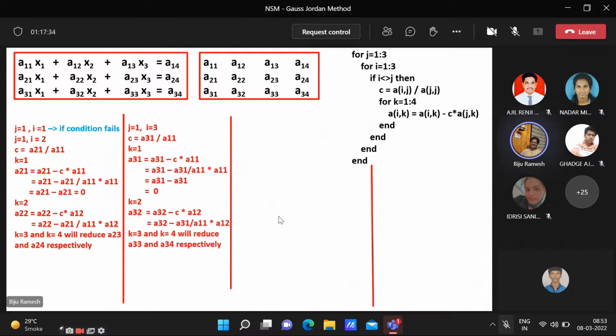So first I is equal to 2 and k is equal to 1 to 4 we have done. Now I will become 3. K is equal to 1 to 4. J is still 1 because this condition should fail, only then j will be incremented to 2. So C will be A31 by A11. Please compare it with this.